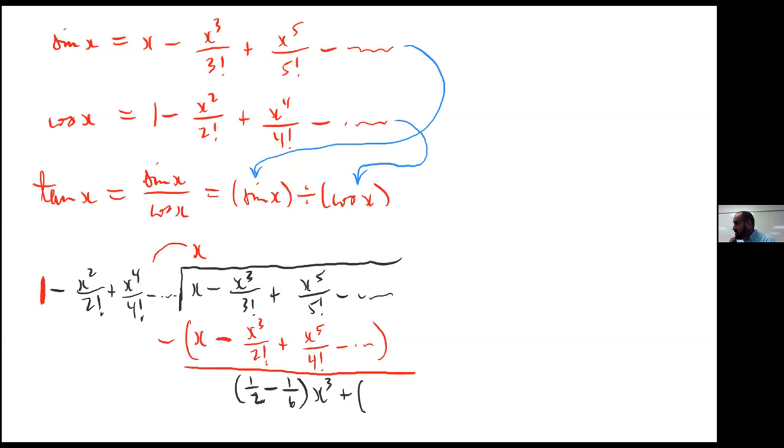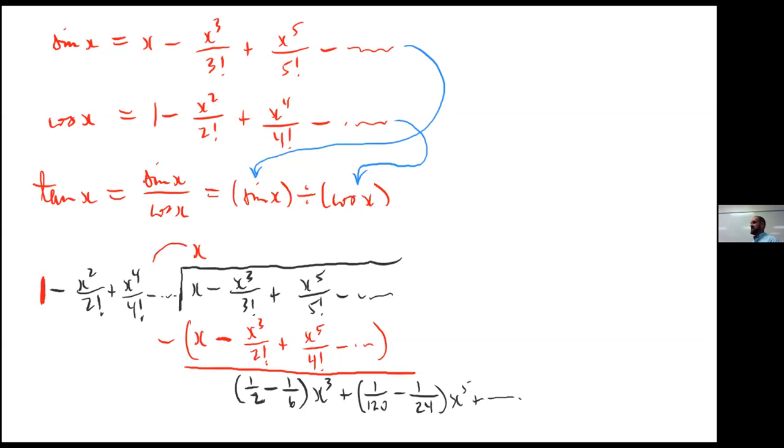So that's like 1 over 120 minus 1 over 24. Okay, and that's x to the 5th plus etc.